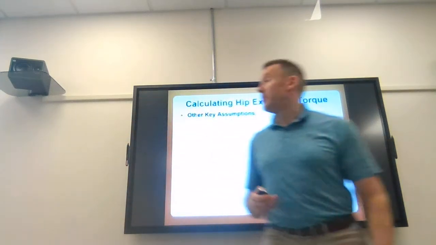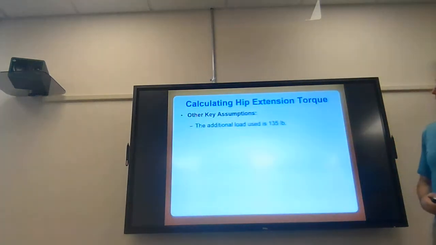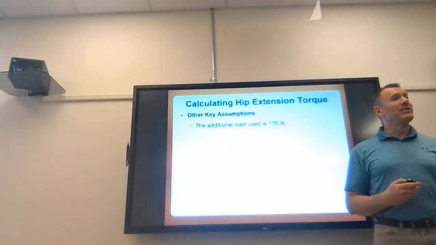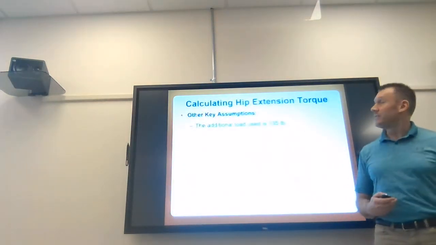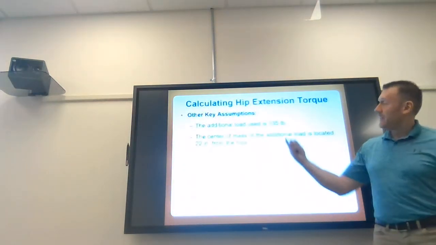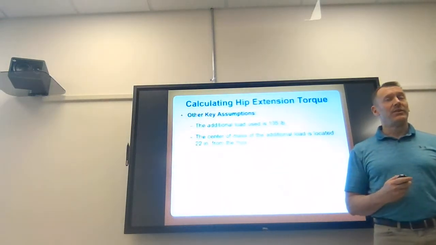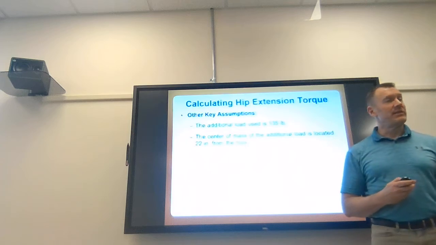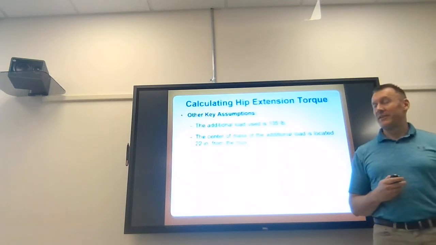A couple more assumptions: let's say 135 pounds on the shoulders, and the center of mass of that additional load is located 22 inches from the hips.